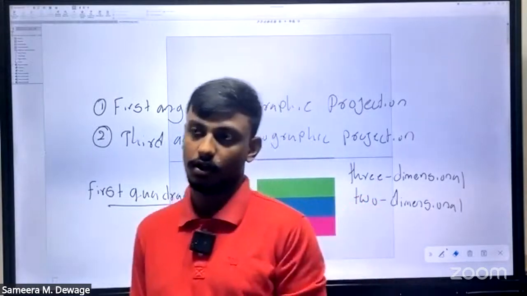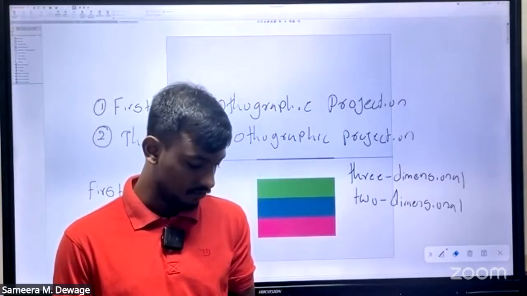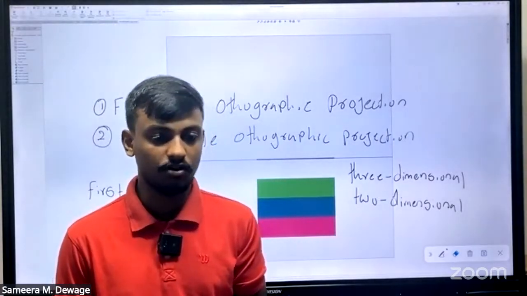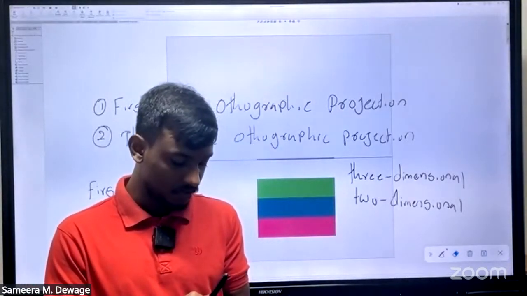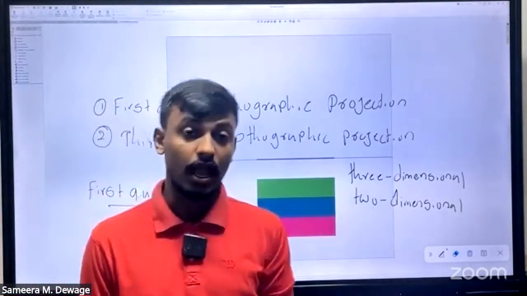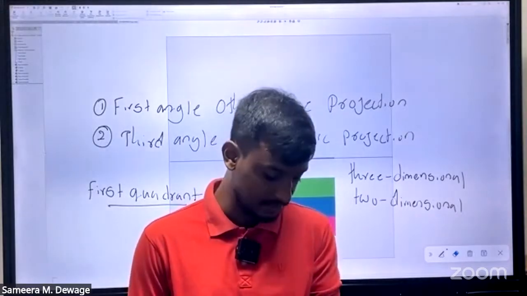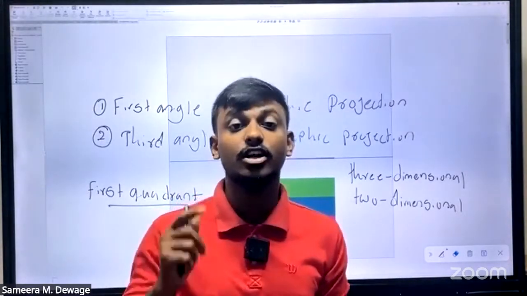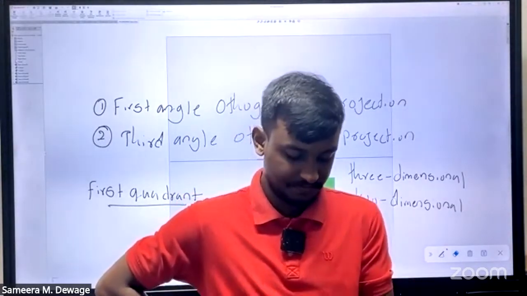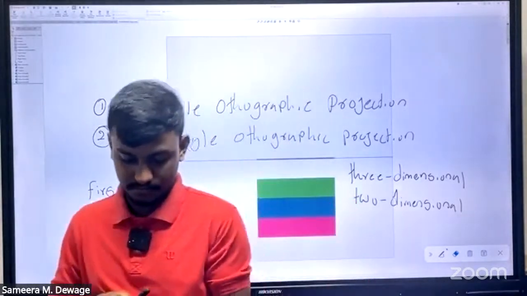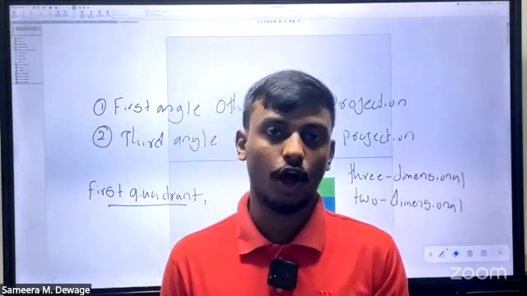When viewed, the appearance of the object is projected opposite to the direction of viewing.